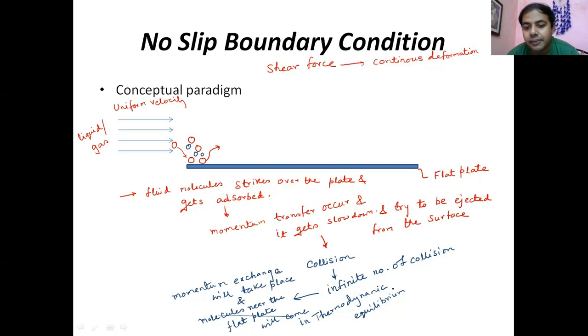The molecules adjacent to the flat plate will come into thermodynamic equilibrium with the flat plate. So from that we can conclude the molecules adjacent to the flat plate will get the same velocity as the flat plate. So there is no relative motion between the adjacent molecules and the flat plate.